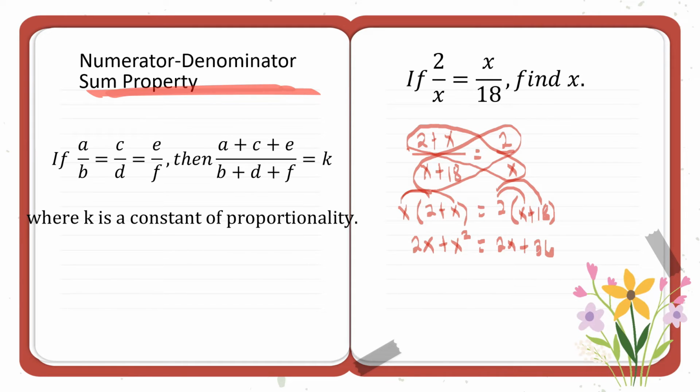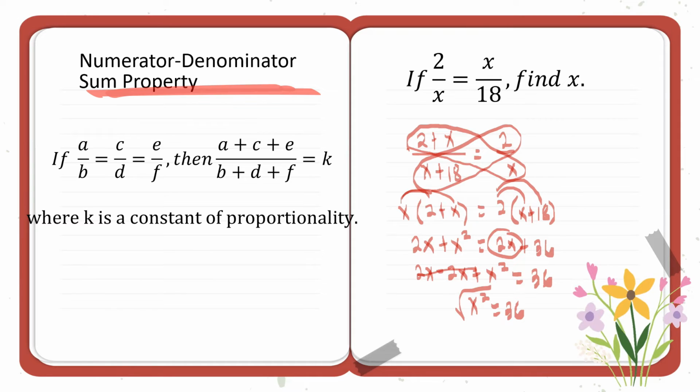Now combining similar terms, we get 2x, this becomes negative 2x, plus x squared equals 36. 2x minus 2x is 0. So what's left is x squared equals 36.